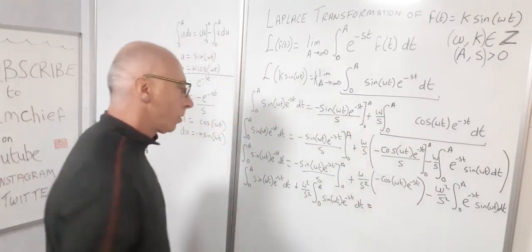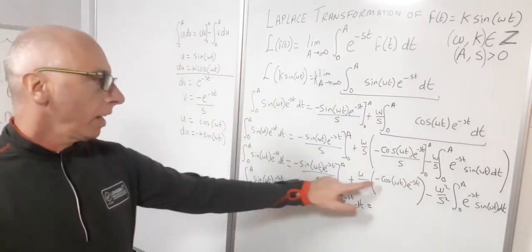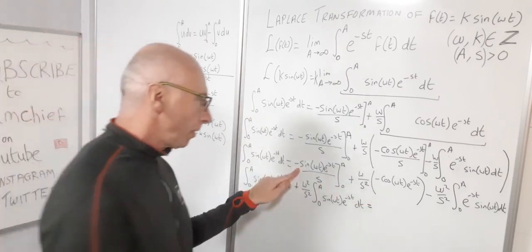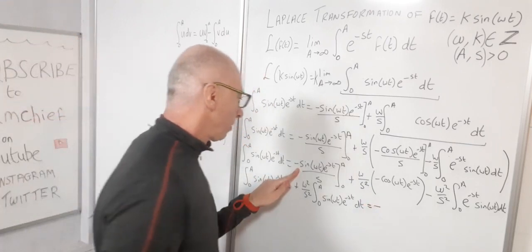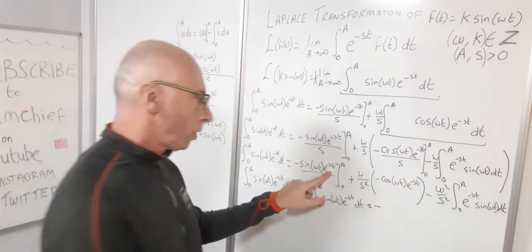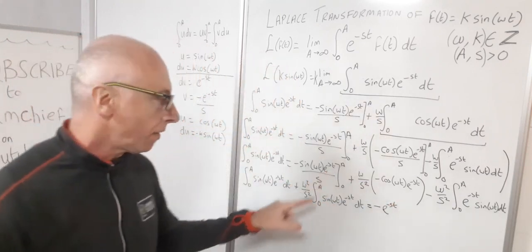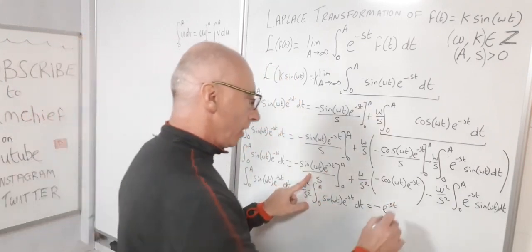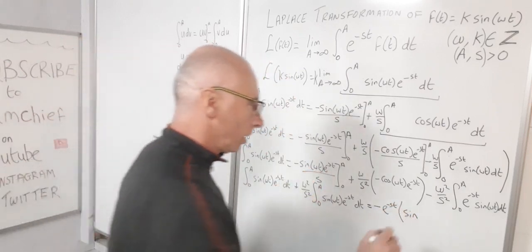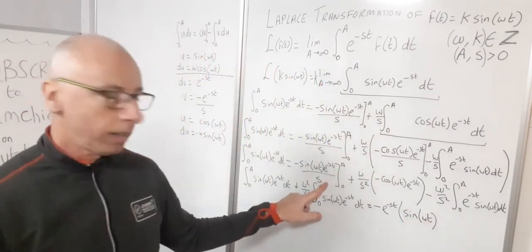Okay, so that equals, so let's look at this. So I've got a minus sign here and a minus sign here. Why don't I take this minus sign out the front? So I've got minus, and I've got e to the minus st in both terms as well. So let's put minus e to the minus st, bring that out front. And then I'll have sine wt over s.